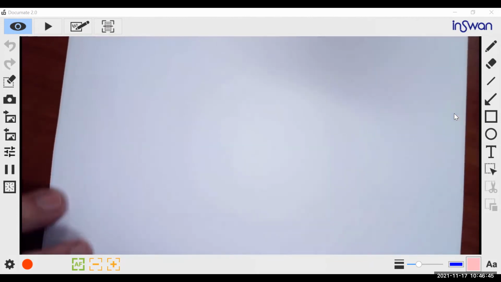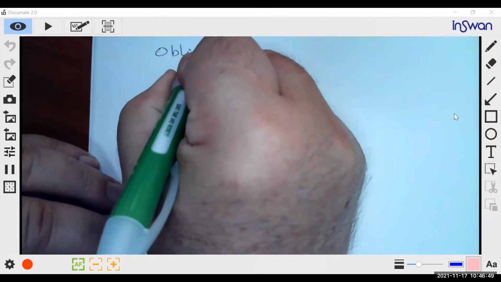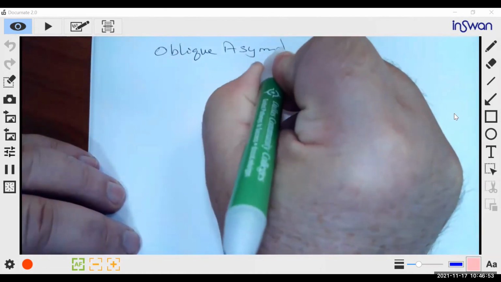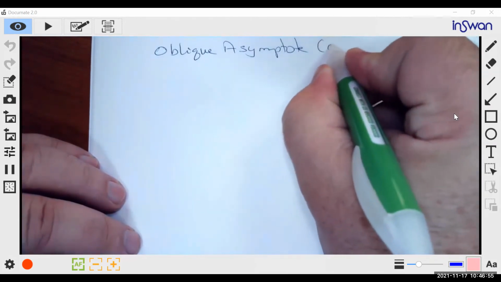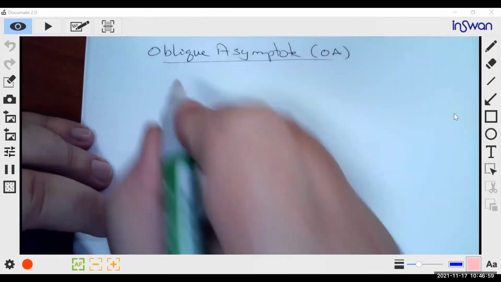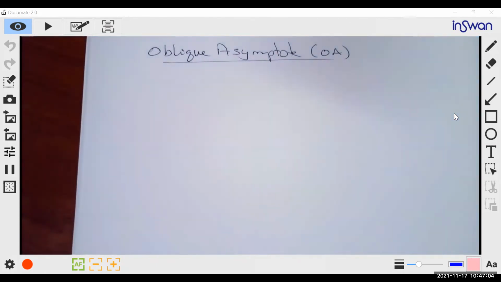In other words, for an oblique asymptote, M on top or N on top? M on top.